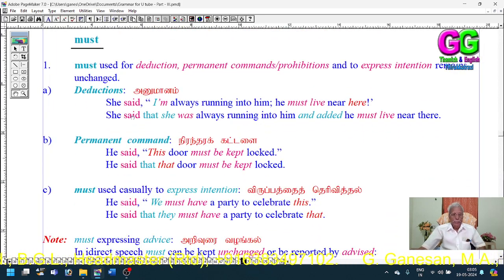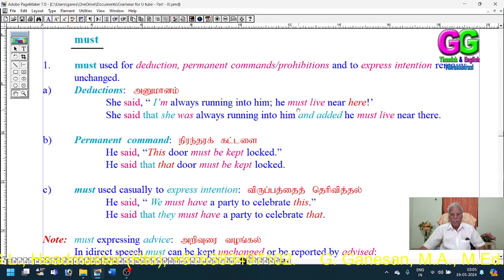Example, deductions. She said, I am always running into him. He must live near here. She said that she was always running into him and added that he must live near there.